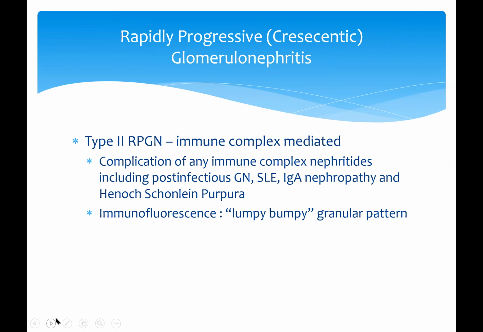It may also be disease caused by immune complex deposition. And this time, characteristically, it would appear as granular deposits of antibodies and complement when you look at it under fluorescent microscopy. It may include your lupus, IgA nephropathy, Henoch-Schönlein purpura.